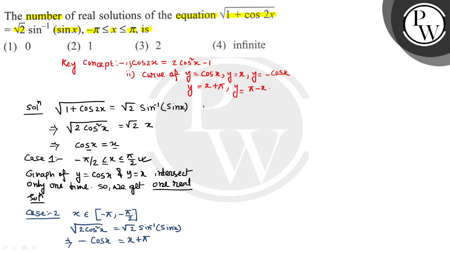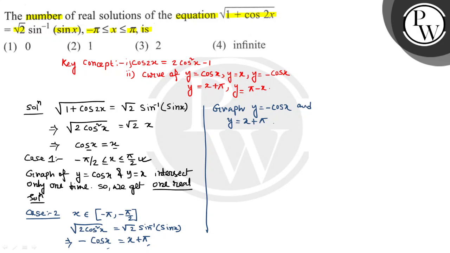So now there are two graphs to consider: y equals minus cos x and y equals x plus pi.